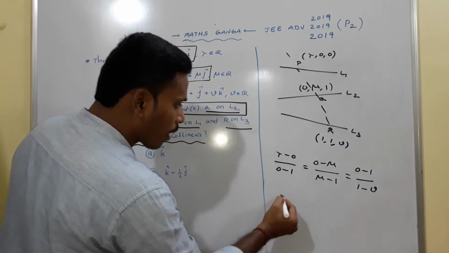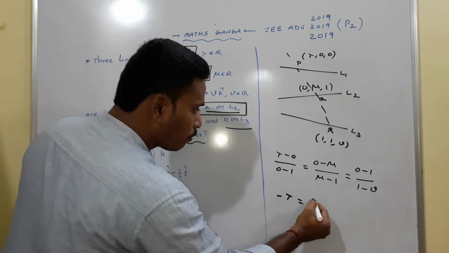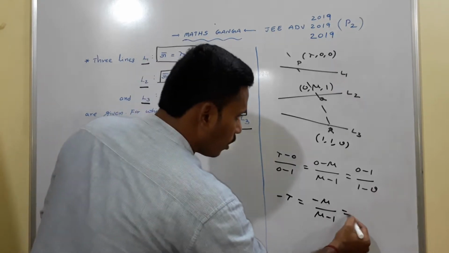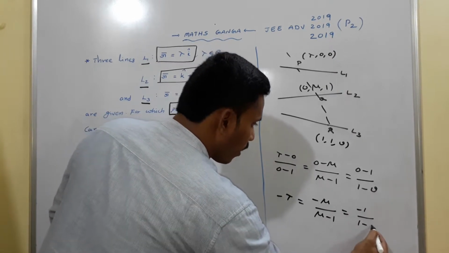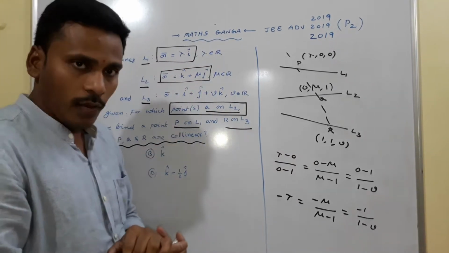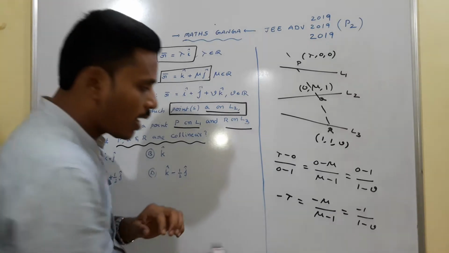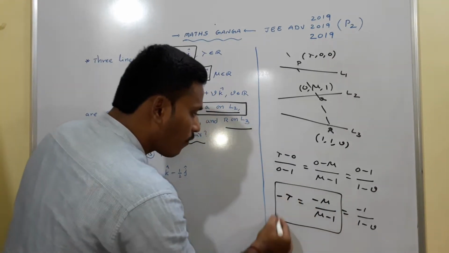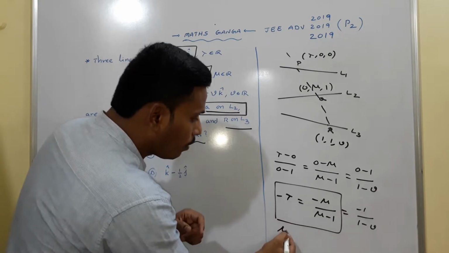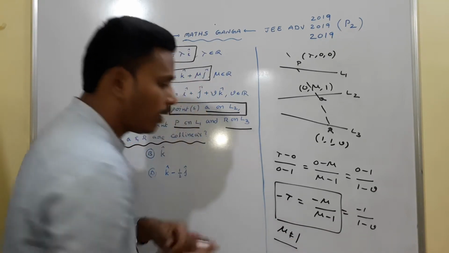Here, minus lambda equals minus mu by mu minus 1 equals minus 1 by 1 minus mu. Lambda is a real value, and since these are equal, it is very clear that mu cannot be 1.